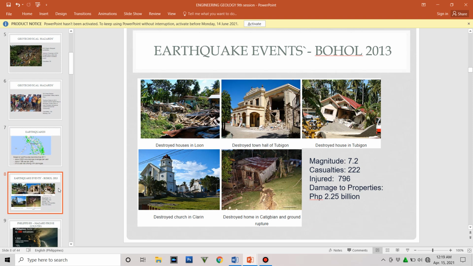It was reported in Bohol and Cebu. A total of 671,000 families, or more than 3.2 million people, were affected by the earthquake. By far, it is the most casualties and damages occurred in Bohol.